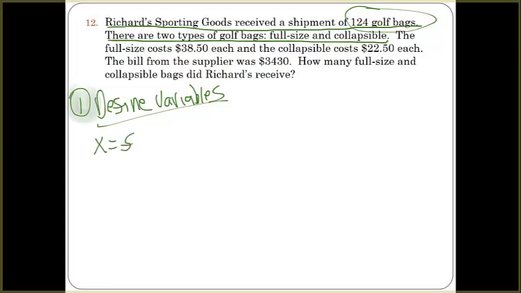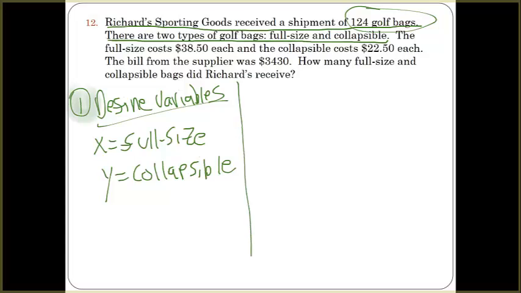So X is full size and Y is collapsible. All right, and you can say number of, and that's fine. I'm just kind of defining and trying to keep it a little bit easier.